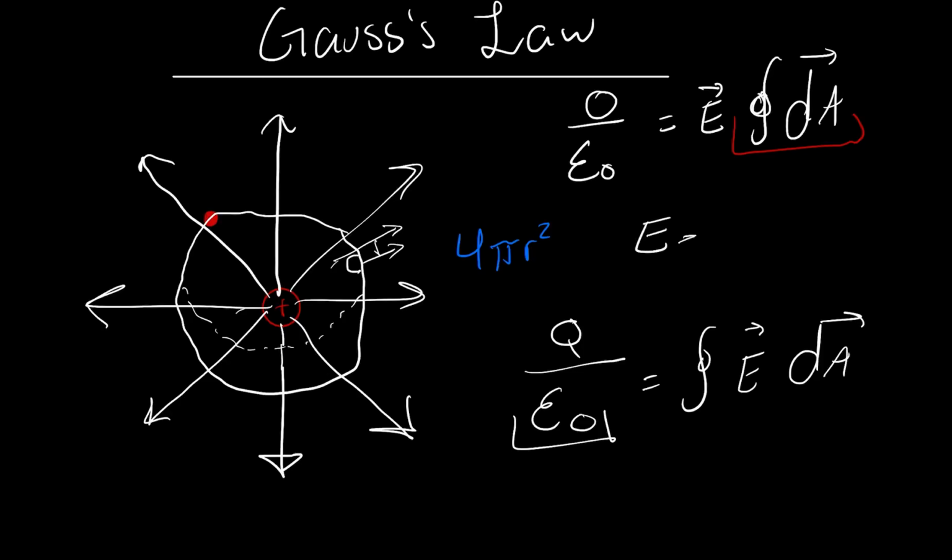Once I bring that to the other side, I'm left with the formula E is equal to Q, which is up top, and then we have 4 pi epsilon naught r squared, okay? So now 1 over 4 pi epsilon naught is the same as K, okay?